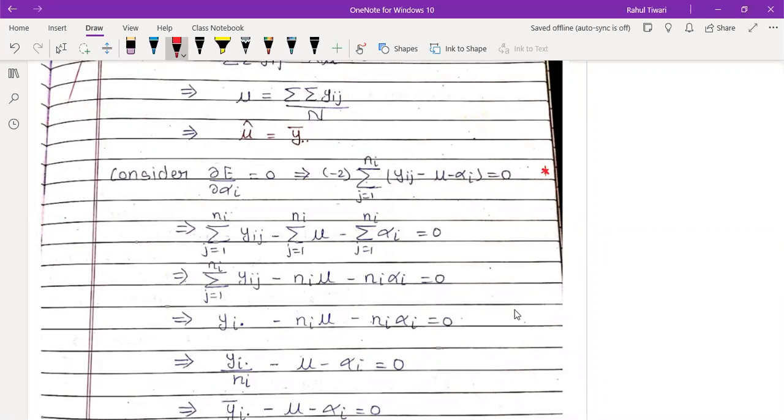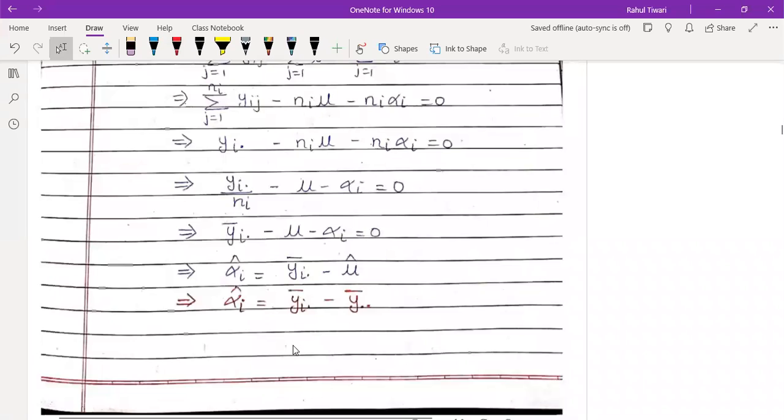What is this? Summation over j, taking j gives dot. So what will be its sum? Dot, so y i dot. This will be as it is. Now divide by n_i. If you divide by n_i, what does this become? Y bar, and this becomes mu, alpha.